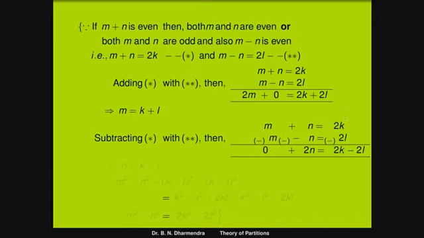Both the LHS and RHS contain 2, which gets cancelled. Therefore n is equal to k minus l. We want to find the value of m square plus n square. Here m square plus n square is equal to k plus l whole square plus k minus l whole square.